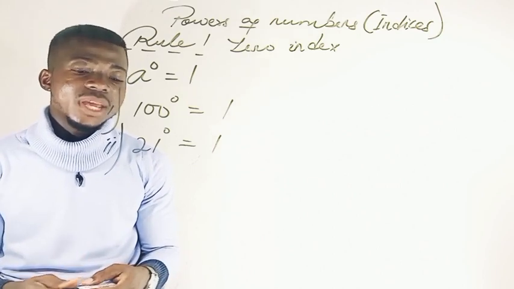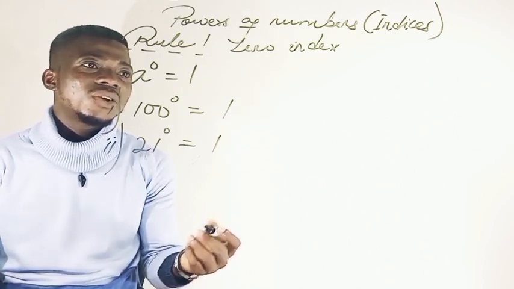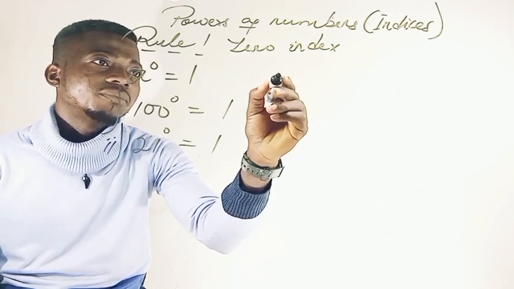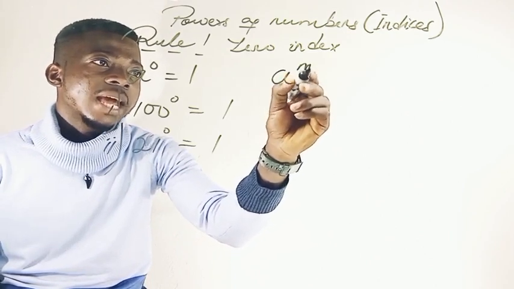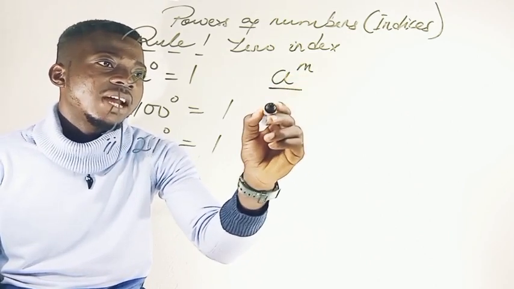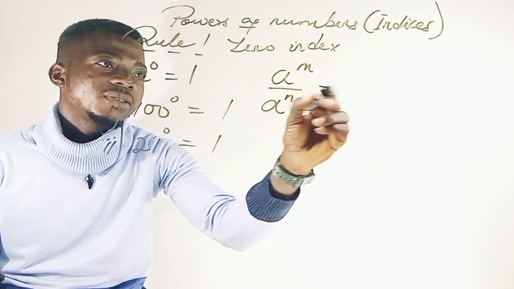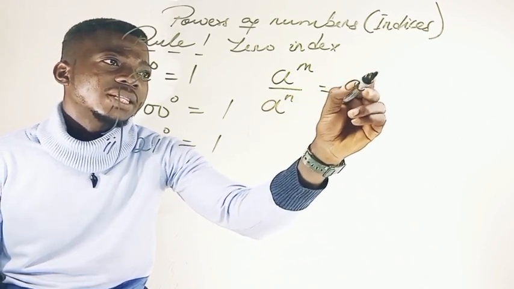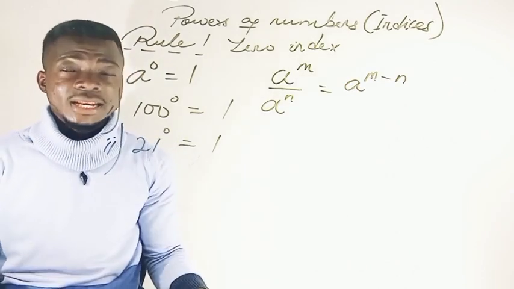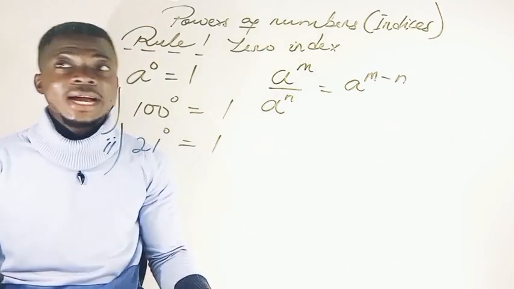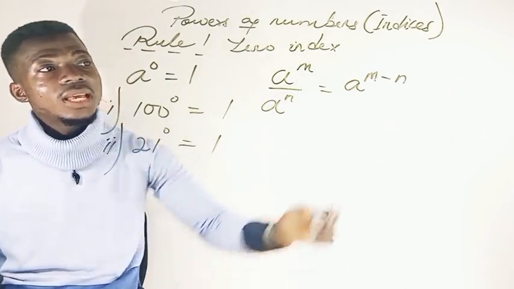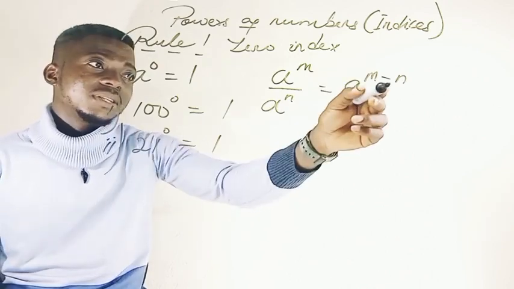All right, and we can prove it using the quotient law. The quotient law says that a exponent m divided by a exponent n is equal to a exponent m minus n. All right, so let's make n, this one, let's make it m.